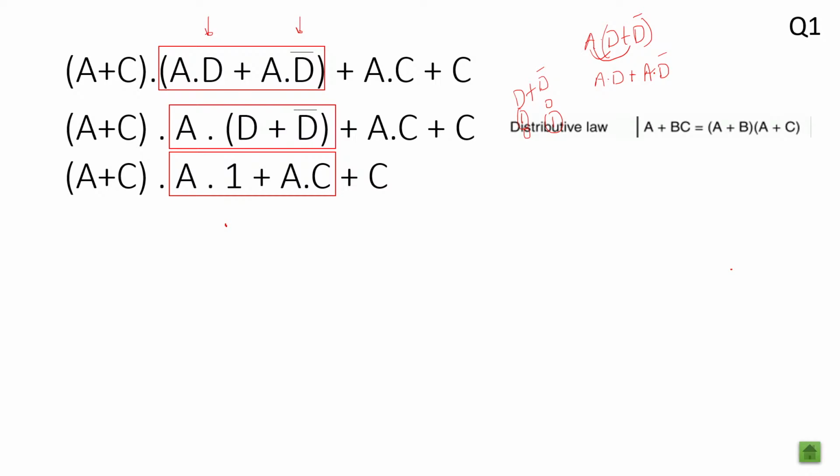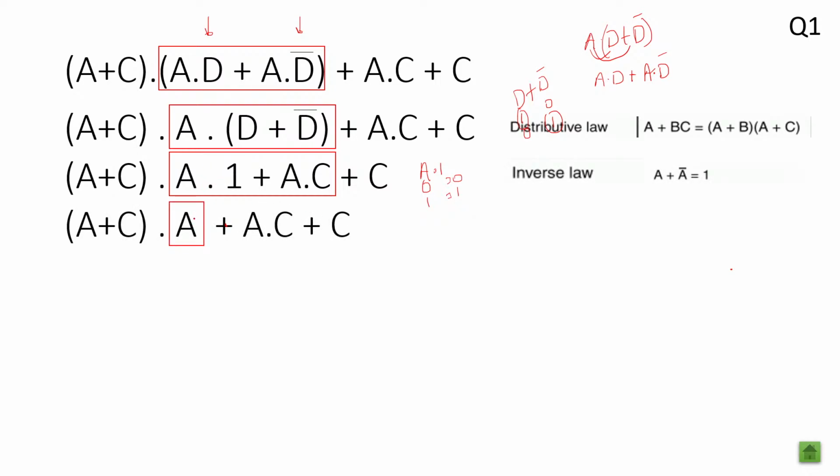Then if you AND A with 1, a condition ANDed with 1 will always return itself, because A could be 0, which means overall it returns 0, and A can be 1, which means overall it returns 1. So it's itself. So that cancels down again to just A.